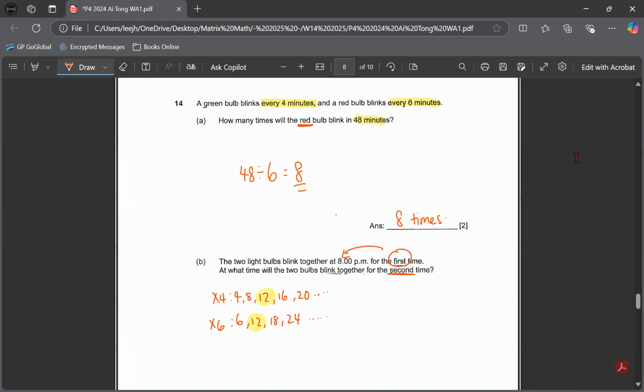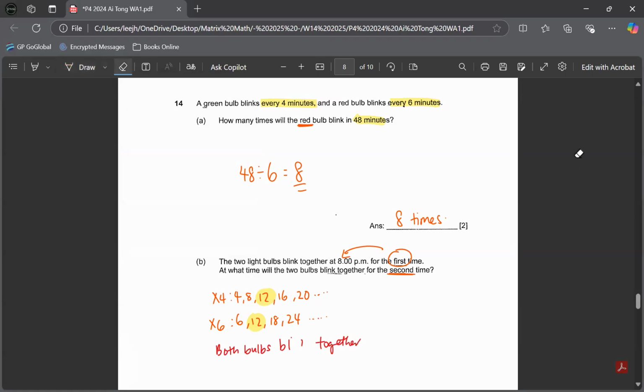And what does this 12 mean? Okay, so you know that the green one blinks at 4, 8, 12 minutes. The red one blinks at 6 and 12 minutes. So this 12 means both bulbs blink together.